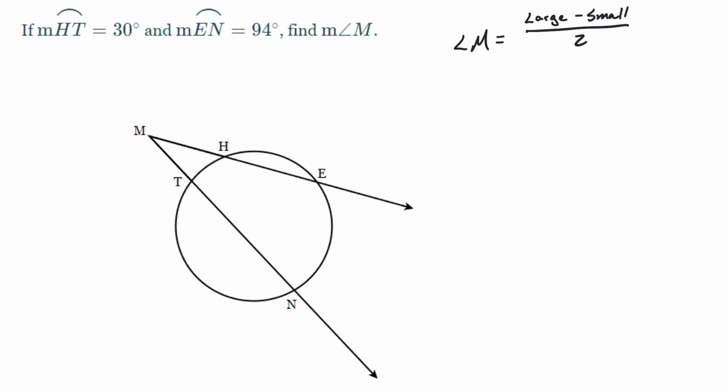We've got to be very careful on this because that looks a lot like the last formula, in which case we added the two arcs and then divided by 2. But in this one, we're going to take the larger arc minus the smaller arc and then divide that value by 2.